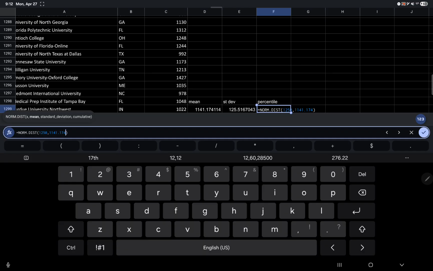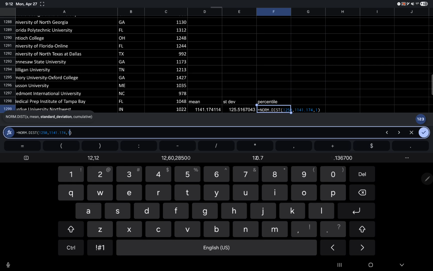So how about 1141.174? Now I know these are SAT scores, so we will have like a whole number. We won't have decimals. But the more decimals we use in this type of calculation, the better our final answer will be. So that's why I'm gonna leave it as these decimals for the mean and standard deviation, and not round it to whole numbers.